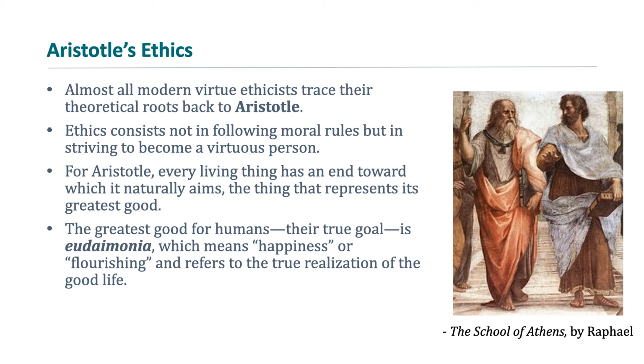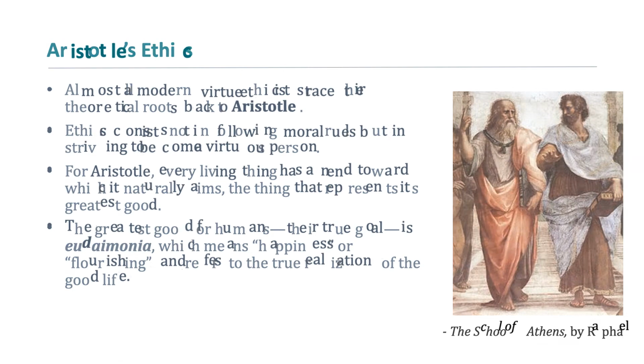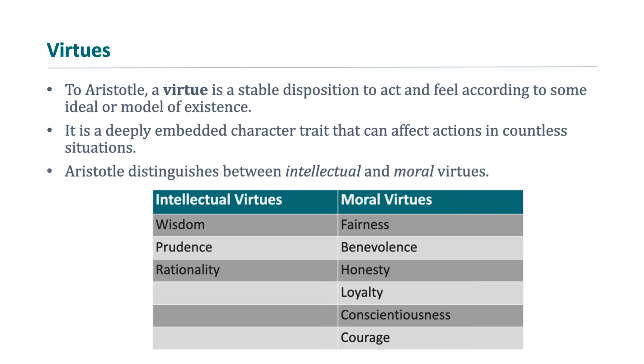And that is the highest good that we can be seeking as humans. And so when we think about developing virtues, then we want to serve that end. We want to serve that highest goal of what it means to be human, the eudaimonia, to have that human flourishing.